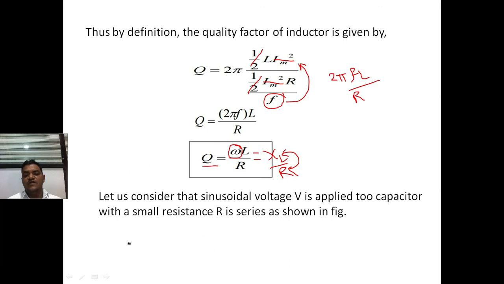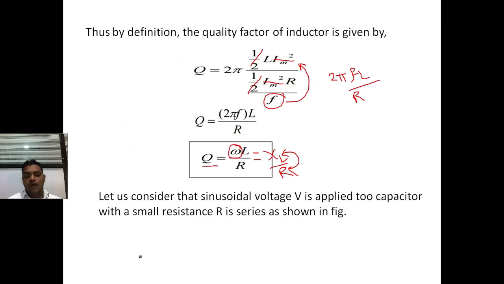So let us consider a sinusoidal voltage V applied to an inductor with a small resistance R, as shown here. To find the quality factor Q, it is defined as the ratio of inductance to the resistance.